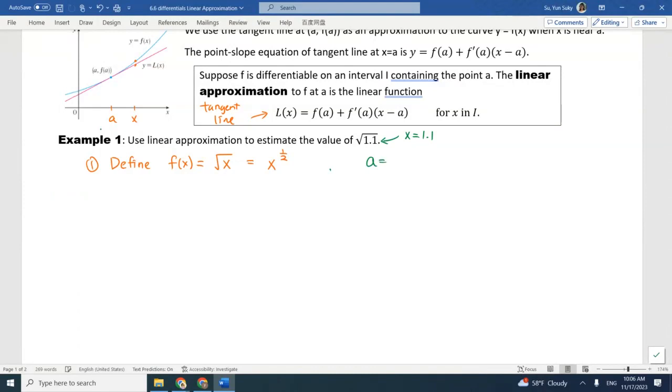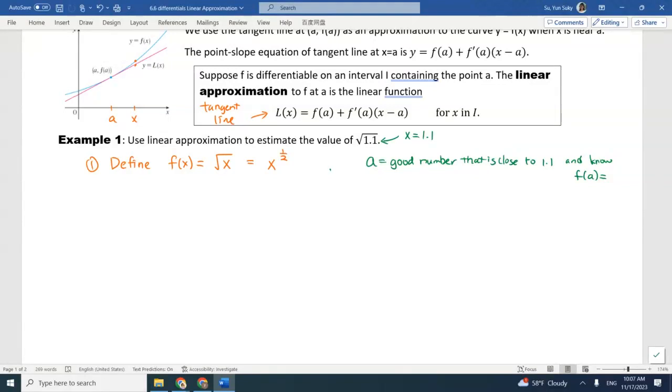So a is a good number that is close to 1.1, and you know how to compute f of a.